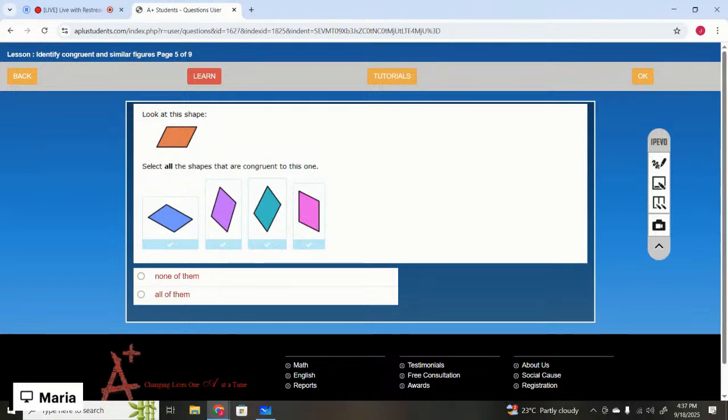Look at this shape. Select all the shapes that are congruent to this one.